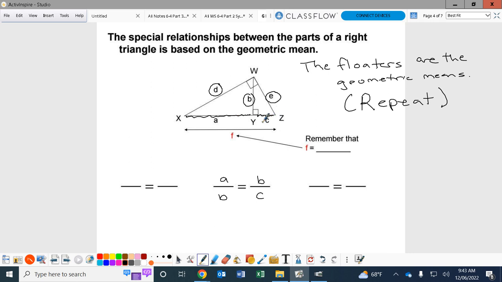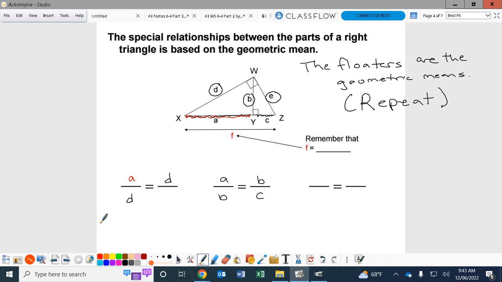Okay, now the ones on the outside are a little bit more to them, but it's still the same relationship. This one that floats repeats in the geometric mean spot, so you've got that D floating up there, so it's going to be repeated. And it's repeated between what it touches. Now this is where you have to think a little bit. The obvious one that it touches is A, guys. So it touches A and it floats between A and something else. What does it float between for the other one?